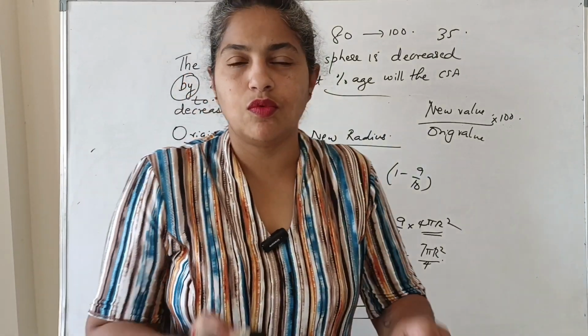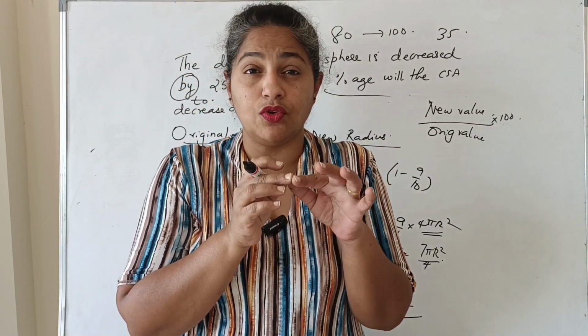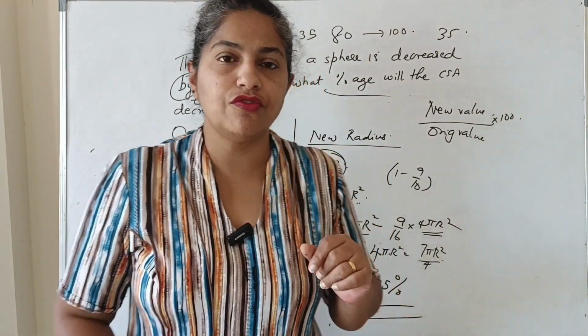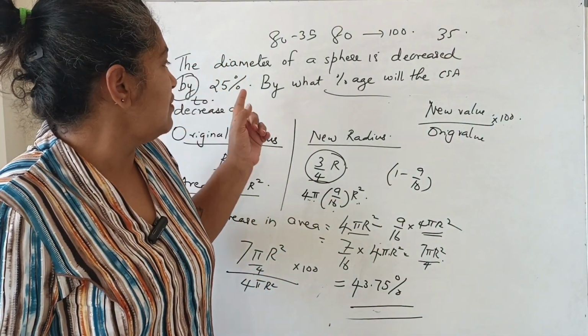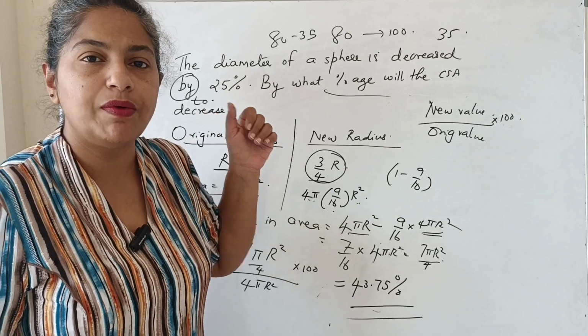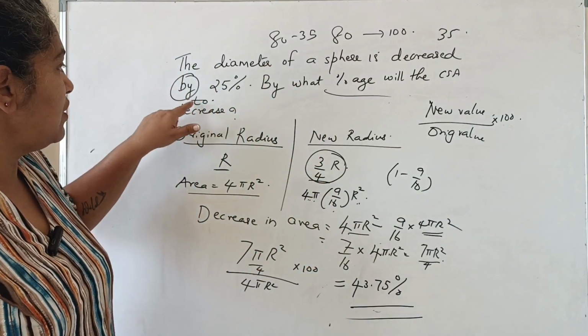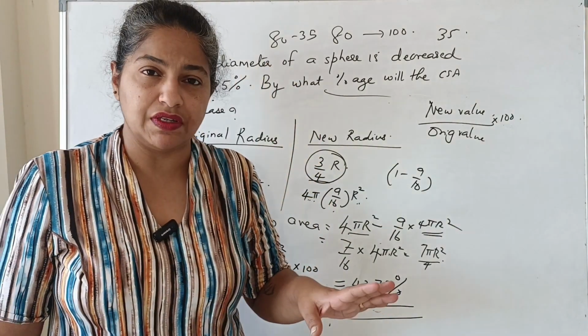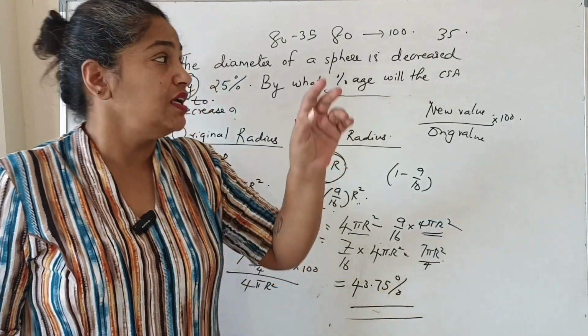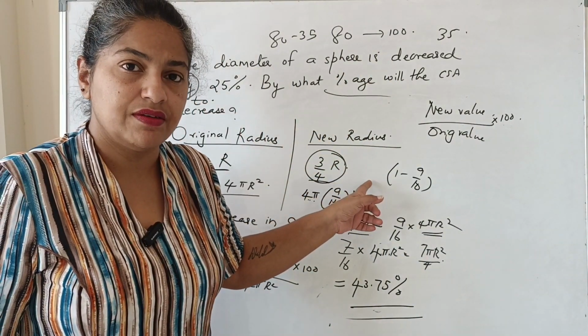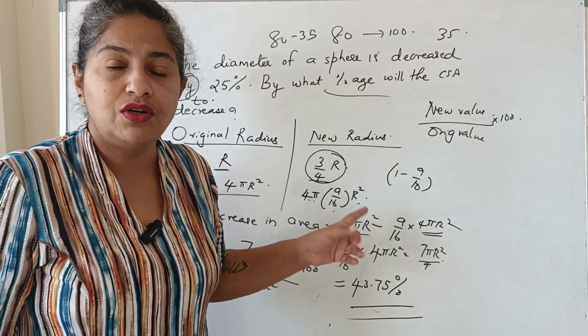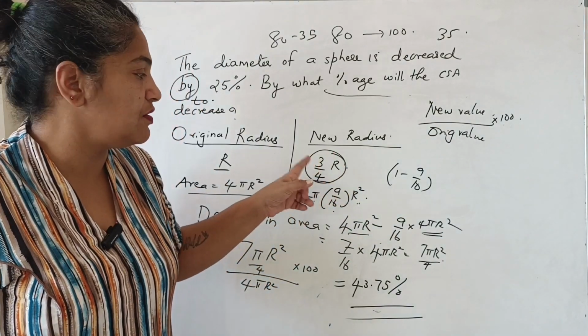From this particular sum, what are the points that you should remember? The first one, the formulas that you require, of course. Now, the second one, read the question properly. A small word, a by or a to, can change the entire question. So once you get it, if it is decreased by 25%, find the new radius. Reduce it to an understandable fraction and keep it.